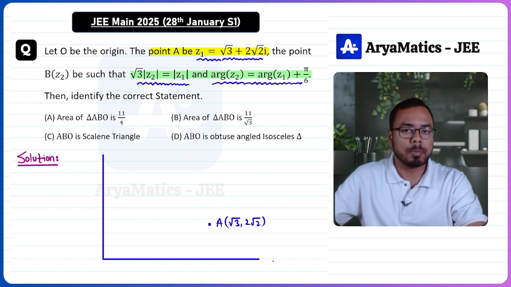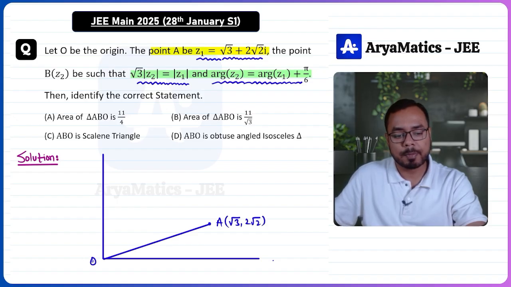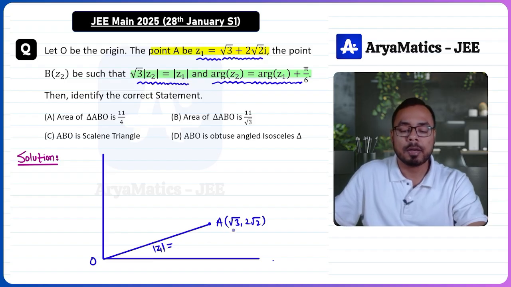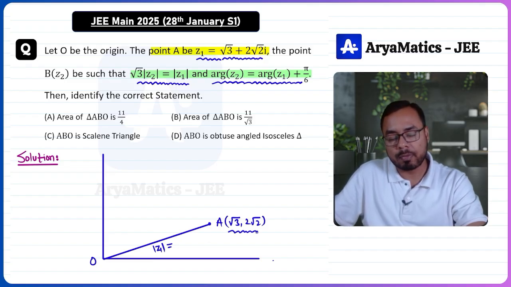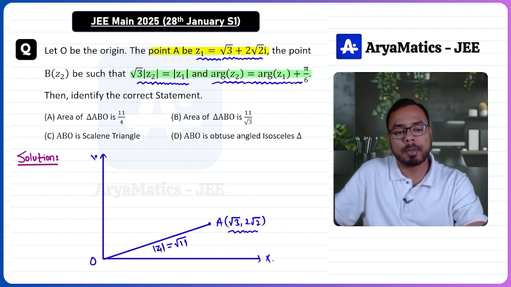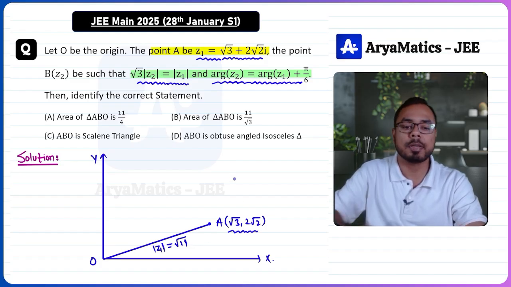Also, argument of Z1 will be nothing but the angle made by this line OA with the x-axis, and modulus of Z1 will be the distance between these 2 points O and A. So clearly you can see that mod Z1 or the length OA will be the distance of point root 3, 2 root 2 from the origin. So it will be 3 plus 8, so that will be root 11. This is our real axis and this one is the imaginary axis. So point A is at a distance of root 11 units from the origin.